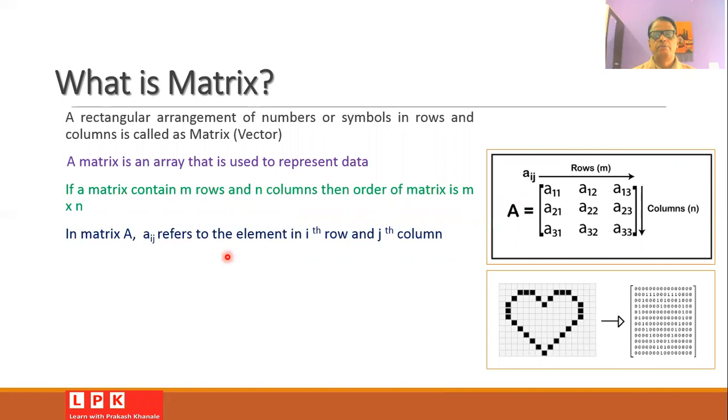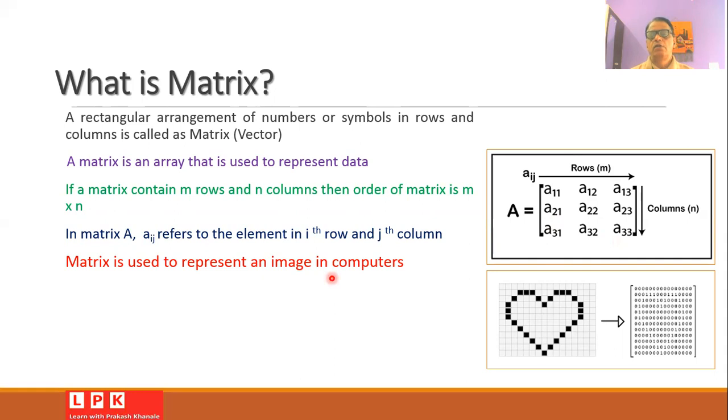In matrix A, Aij refers to the element in the ith row and jth column. For example, A21 is the element from the second row and first column, A22 is the element from the second row and second column, and A33 is the element from the third row and third column.